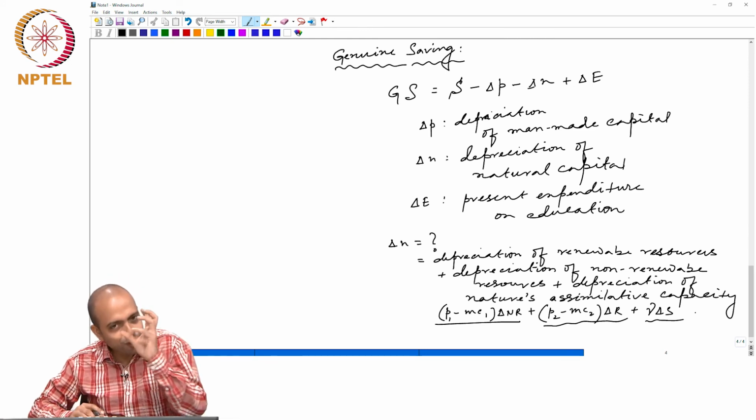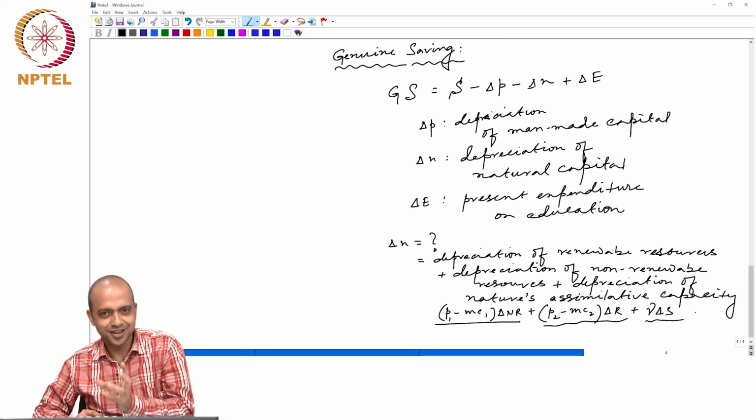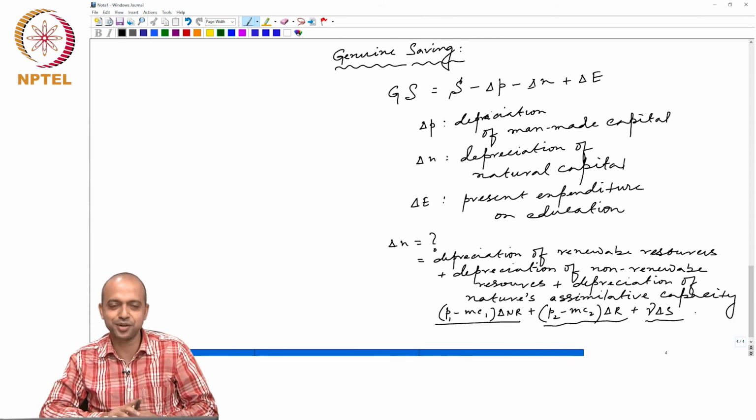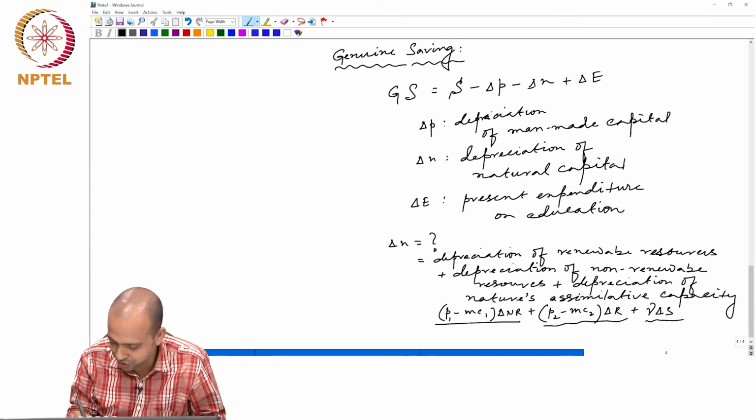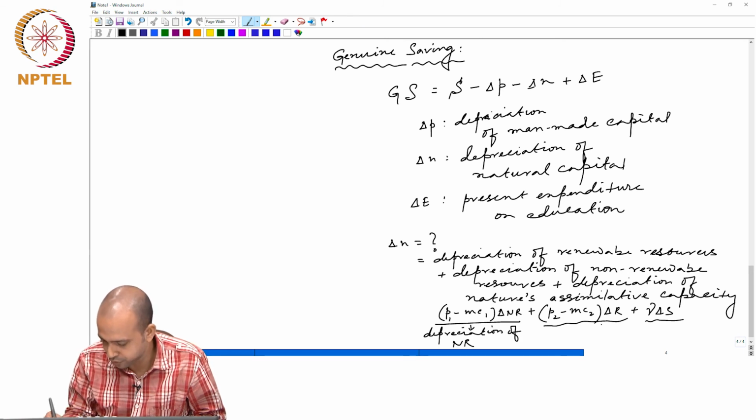So, we have already discussed how to accommodate the depreciation of different forms of natural capital. This is basically depreciation of non-renewable resource, NR.